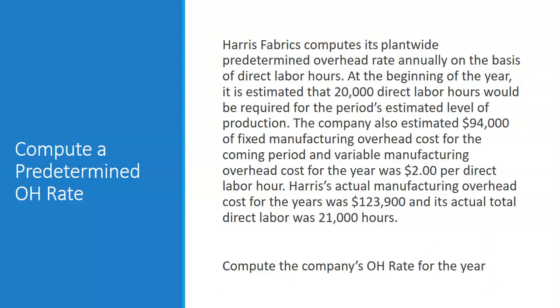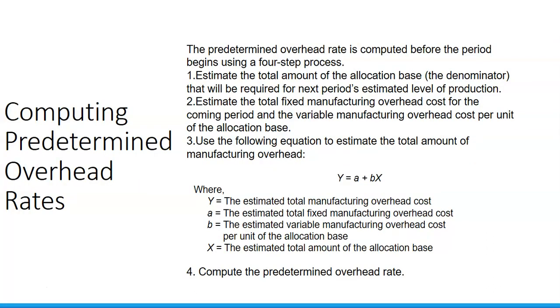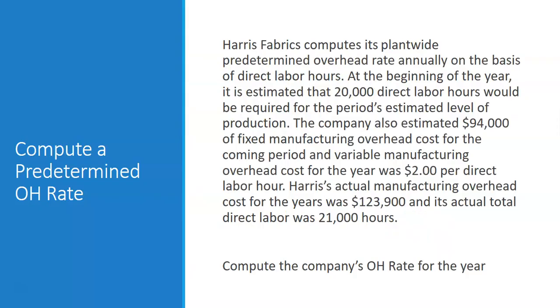Okay, so when we're looking at it, we need to think about that variable rate of $2 and the $94,000 in fixed. So we would put that into our line equation here. So we have $94,000 in fixed plus 20,000 times $2, because it's $2 per direct labor hour and 20,000 direct labor hours.